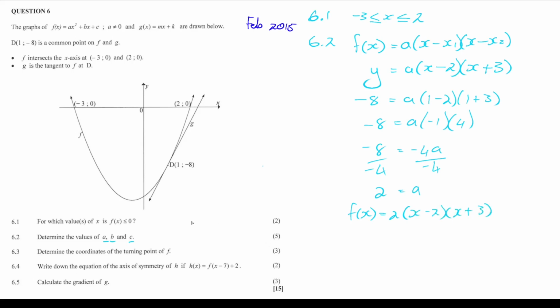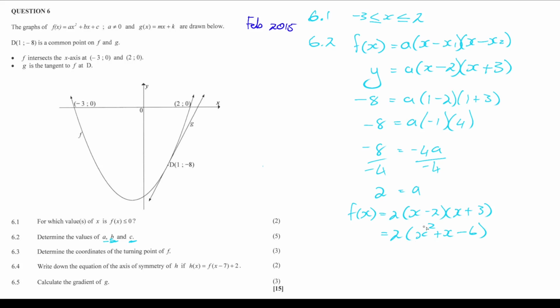And now you're like, yeah, but they didn't ask, what about b and c? Really easy, fam, really easy. All you gotta do is expand your brackets. So it's x times x is x squared, minus 2x plus 3x is positive x, minus 6.